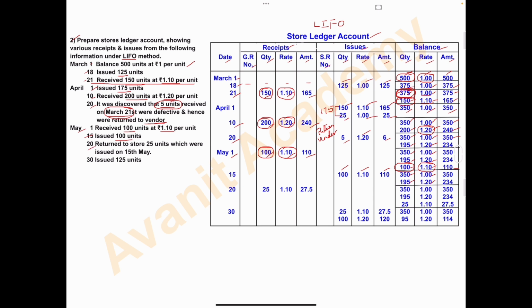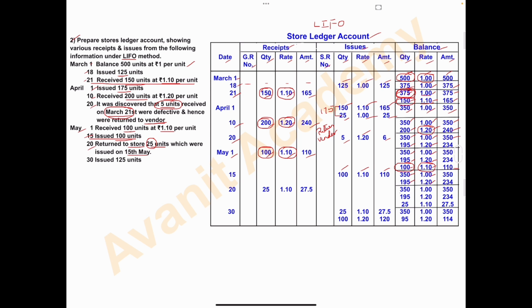Next is on May 20th. Return to store 25 units which were issued on 15th May. On 15th May, we issued 100 units to production. From the production department, they have returned 25 units to the store.